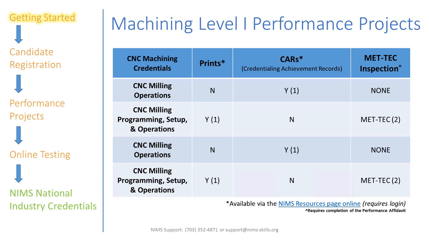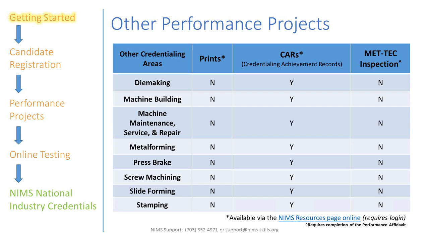Meanwhile, the credentials that focus solely on machine operations will require a CAR instead. Now, if your program is interested in NIMS credentials that are outside of the machining realm, then 100% of those projects require completion of a CAR.